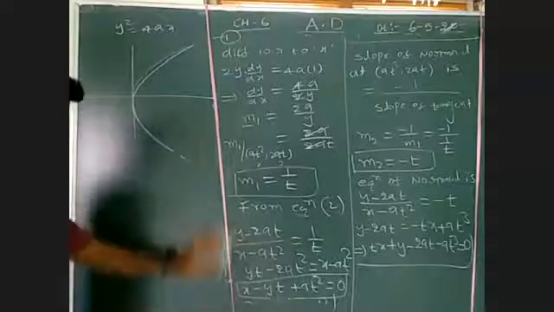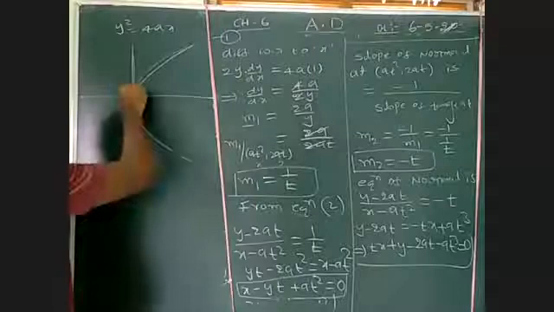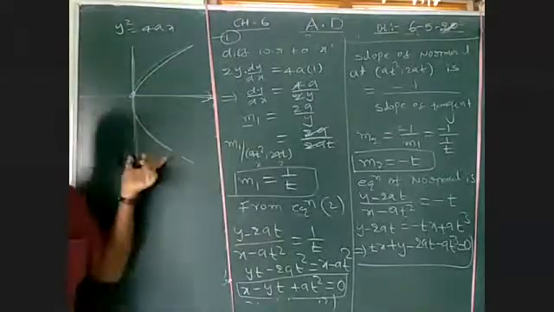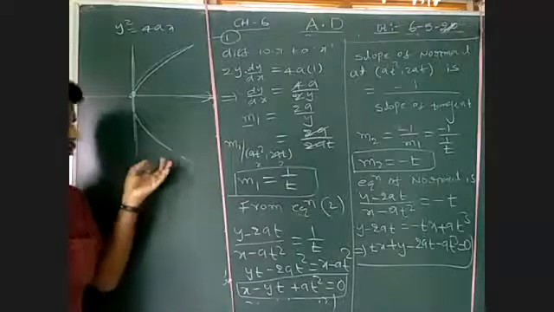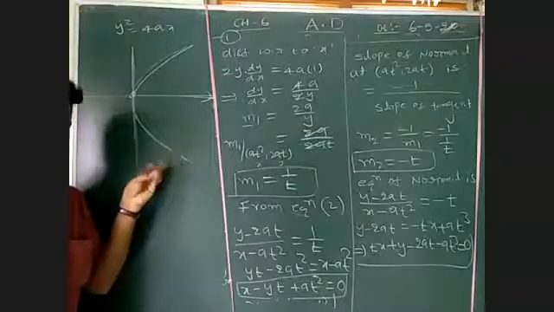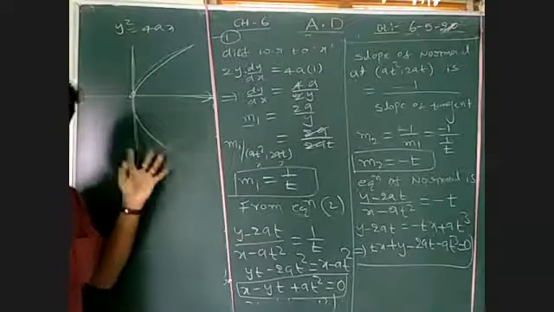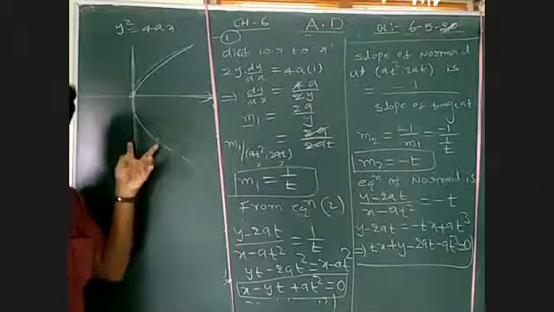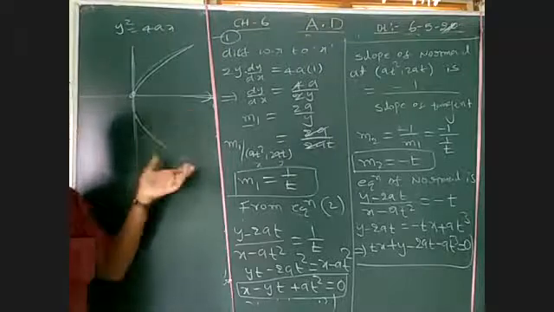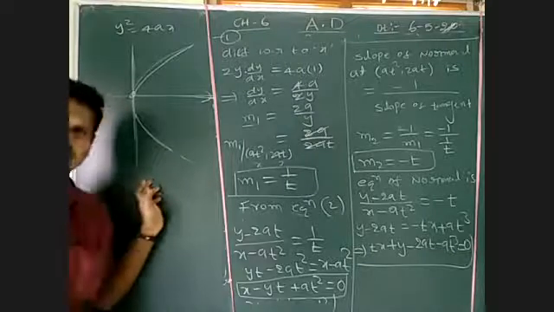Because a few properties are there, and based on those properties we can write. Symmetry property will be there: symmetry about x-axis, symmetry about y-axis, symmetry about origin, symmetry about the line y is equal to x, y is equal to minus x. Then asymptotes, and we can find the intersection with the coordinate axes. These are some very important points, and you are going to study them in your engineering.